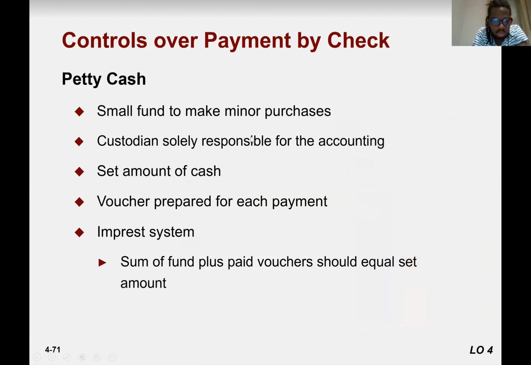Okay. Now petty cash. In big companies, even petty cash is in thousands of dollars. First of all, sorry, what is petty cash? It's a small fund to make minor purchases. For example, you are purchasing water for the company, tea bags, sugar, coffee, to entertain the clients and customers, and your office supplies, right?